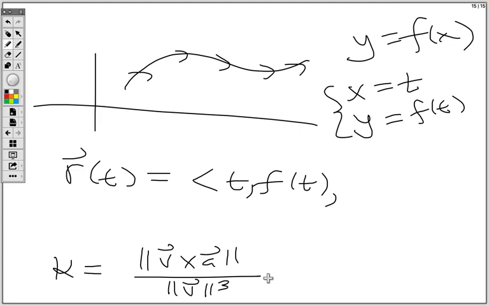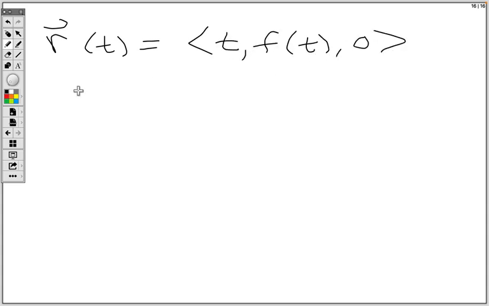What do we do for that? Yeah, we set the z as 0. Very good. So we can go through this now and just say, okay, it's a two-dimensional trajectory, but we can think of the xy plane as living in xyz space.